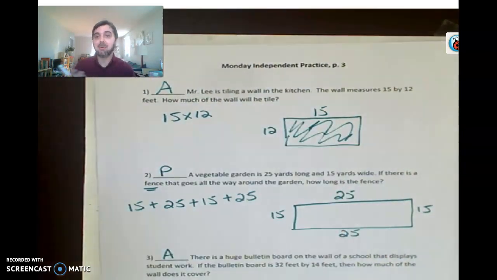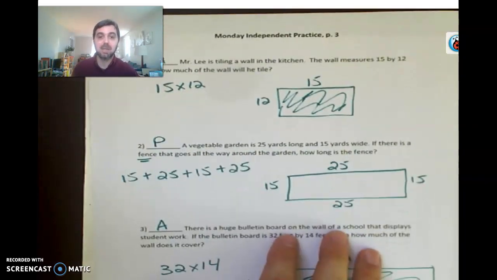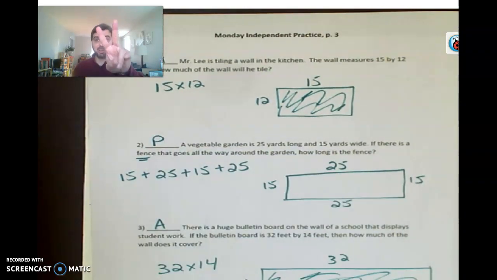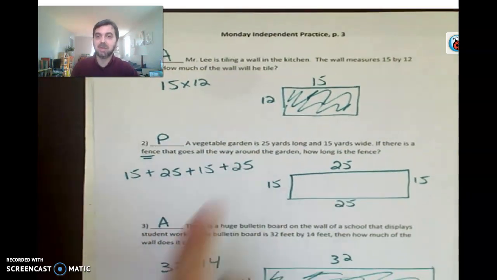On this page, you had 3 problems. Number 1 is an area problem. You're trying to find how much of the wall Mr. Lee tiled, so you need to do 15 times 12. That's an area problem. Number 2 is clearly perimeter because you're trying to find how much fence goes all the way around. So that's 15 plus 25 plus 15 plus 25.